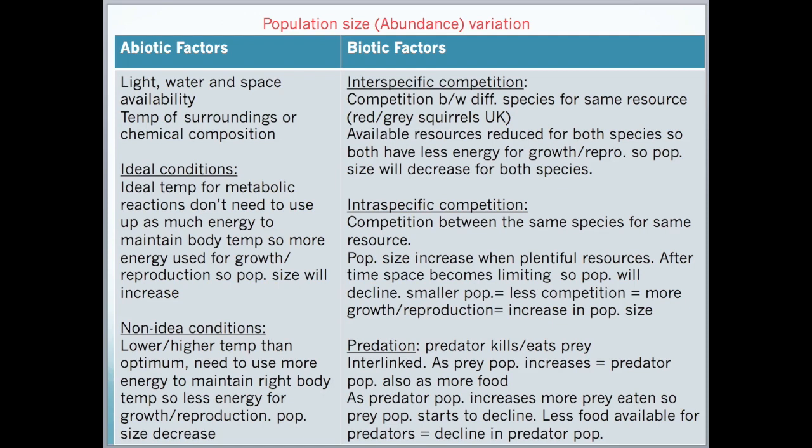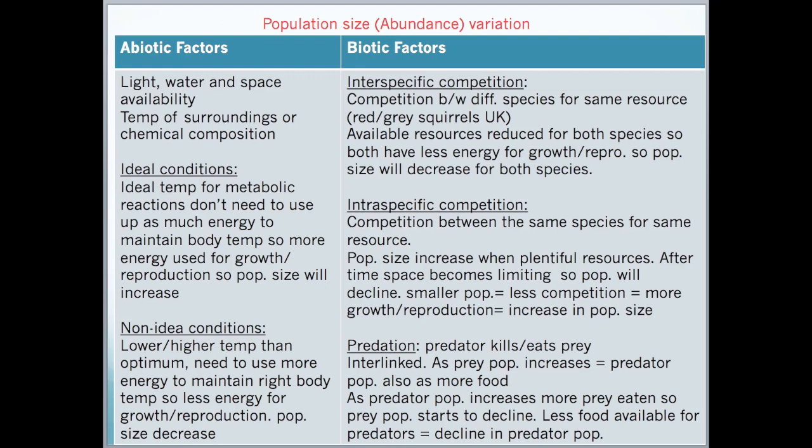So let's look at abiotic and biotic factors and how these influence the abundance, so how both abiotic and biotic factors vary the population size. Let's first look at abiotic factors. These include light, water and space availability, and the temperature of the surroundings, or also the chemical composition. So when we have ideal conditions, and let's say we have an ideal temperature, metabolic reactions don't need to use up as much energy to maintain body temperature.